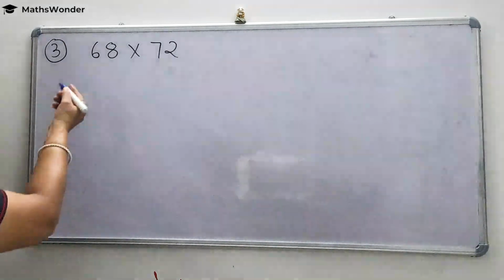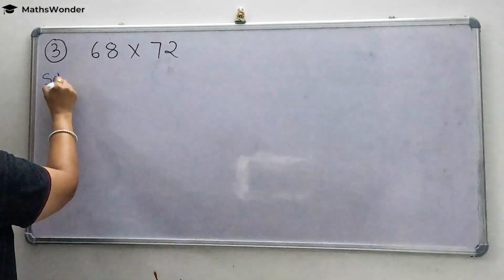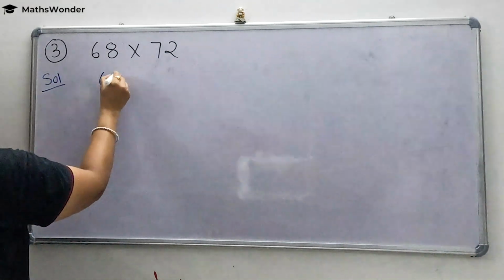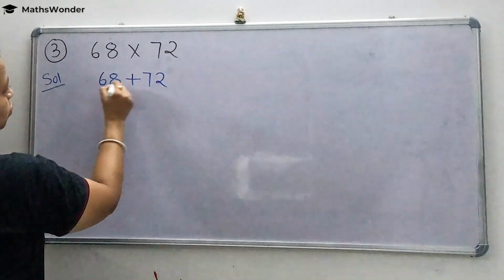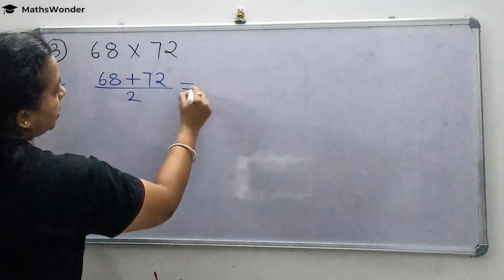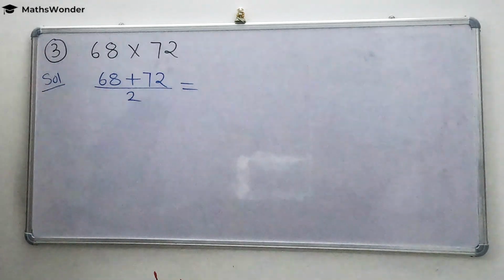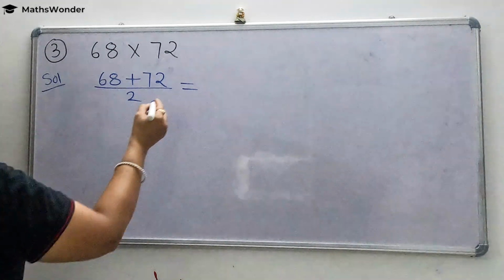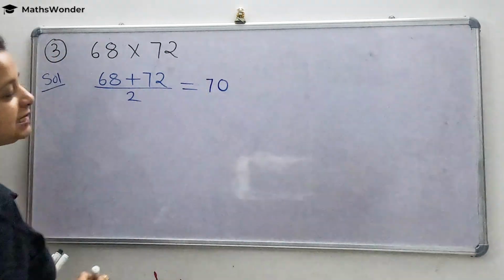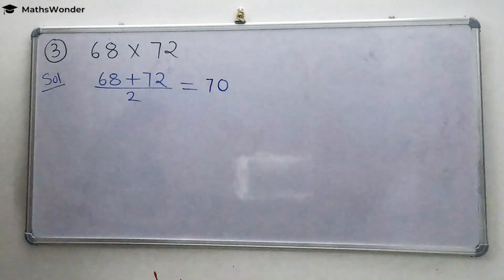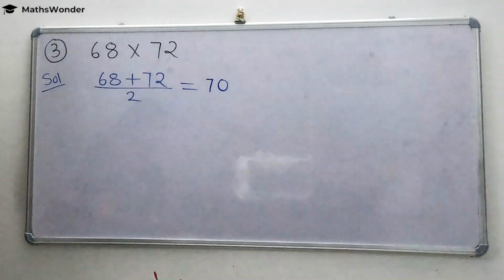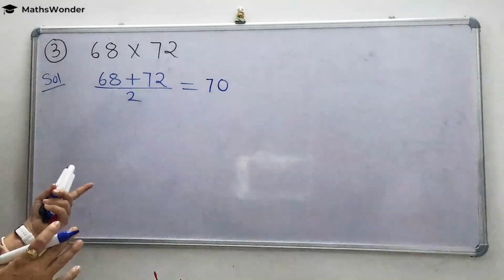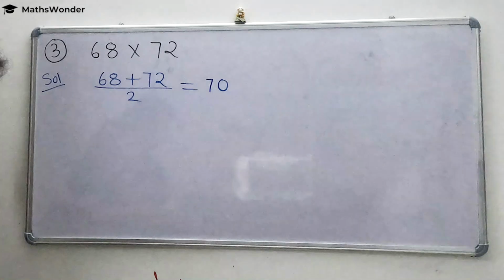So suppose in the question, you can do 68 plus 72 over 2. This will give you the number, and with that number you will apply in our question, 70. So we express 68 and 72 in terms of 70.